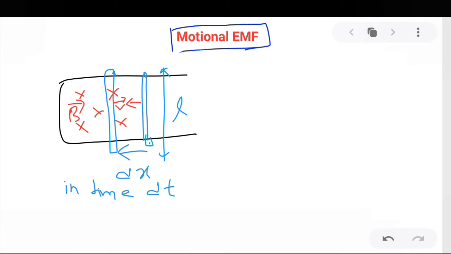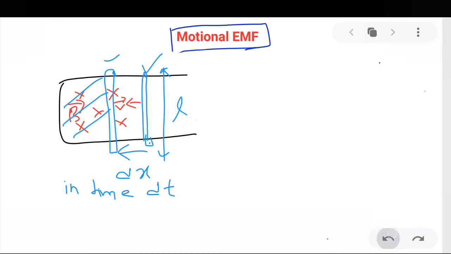Initially, when the wire was at this particular position, it was enclosing this area, and now when it has moved to the new position, it is enclosing this area.